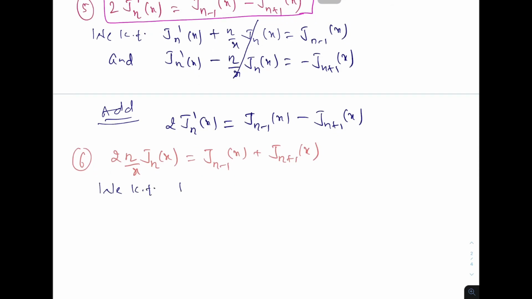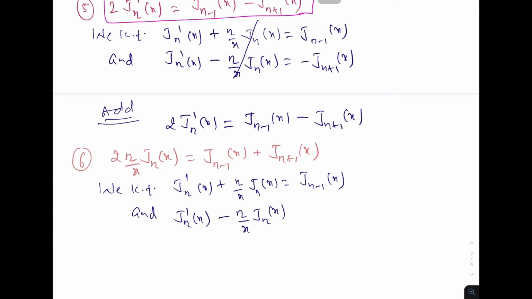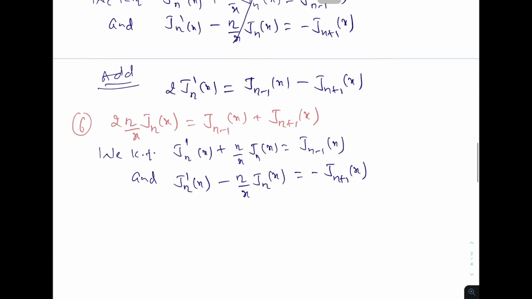So we know that Jn dash x plus n by x Jnx equal to J n minus 1 x, and Jn dash x minus n by x Jnx equal to minus J n plus 1 x.